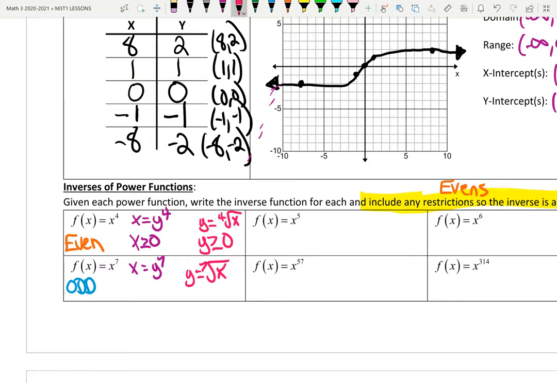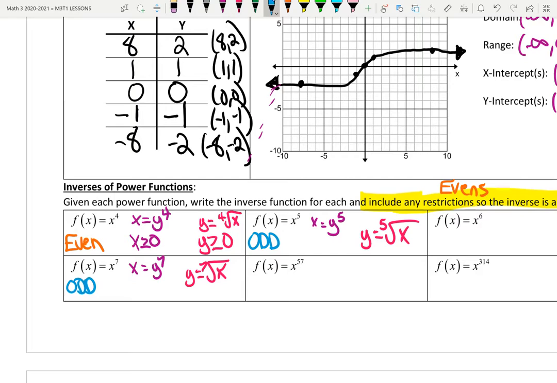This next problem, well, it's to an odd power. So when I replace my x's with my y's, x is equal to y to the 5th. That is going to be y is equal to the 5th root of x.